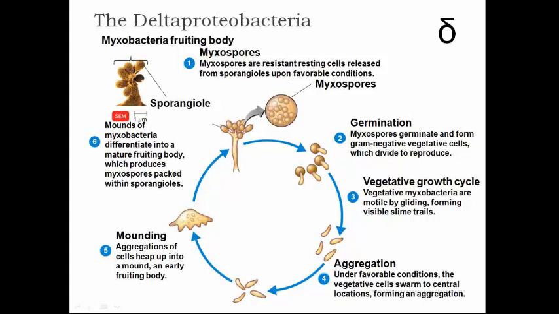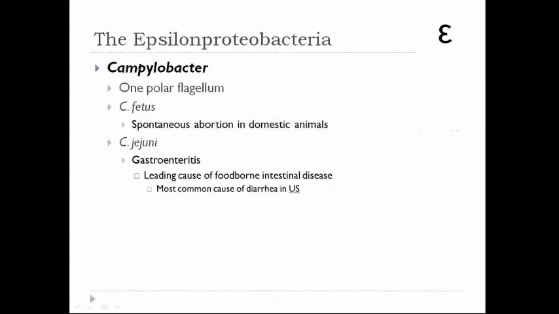They run around like slugs, basically. They can leave slime trails. Then they'll all congregate together, make a mound, and build this structure, making babies or spores that can germinate and go through the cycle again. So he has a very interesting cycle, and you'll see it's familiar or similar to what we see in fungi.